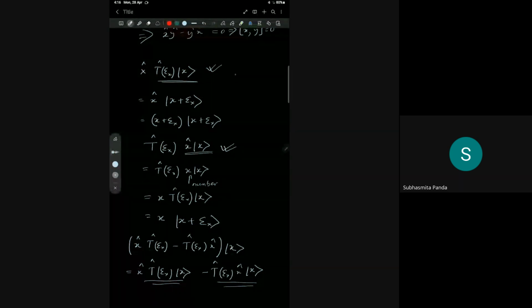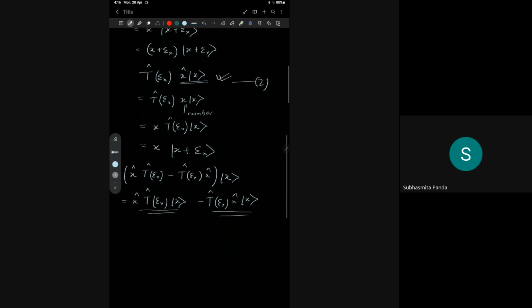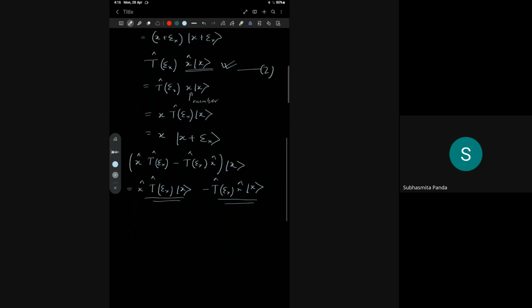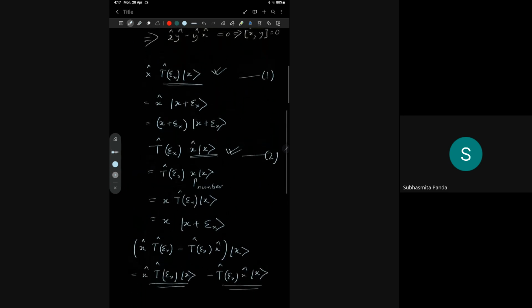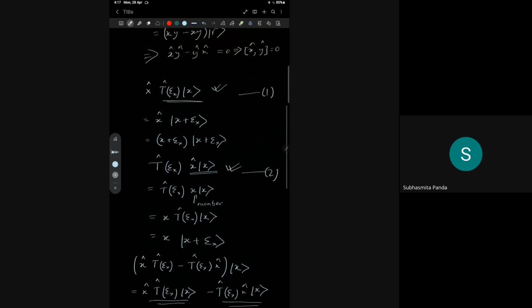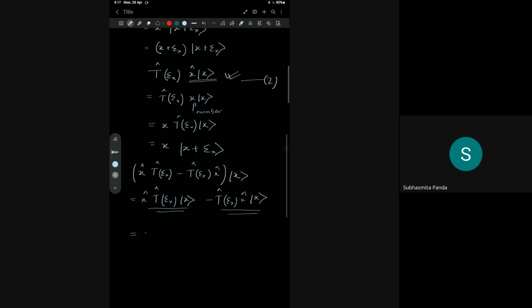You can see this is one, this is two, and then it will be equal to, from one we have x plus epsilon x, that will be x plus epsilon x times x plus epsilon x.